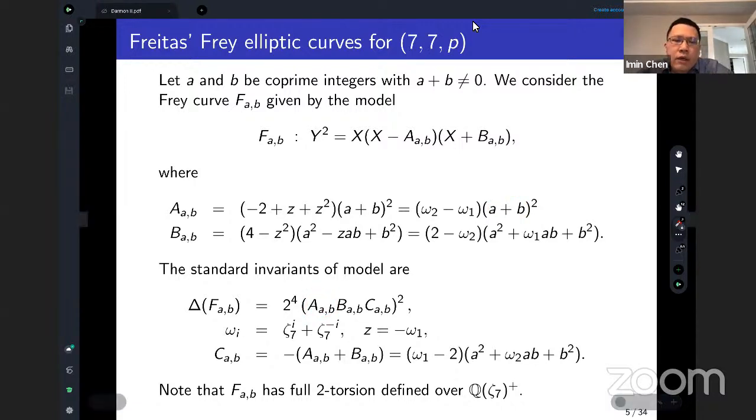So if you plug in the trivial solution 1, minus 1, 0, it becomes a singular elliptic curve. And that means this Frey elliptic curve is sensitive to that trivial solution 1, minus 1, 0. And that allows us to get information about solutions avoiding that trivial solution.